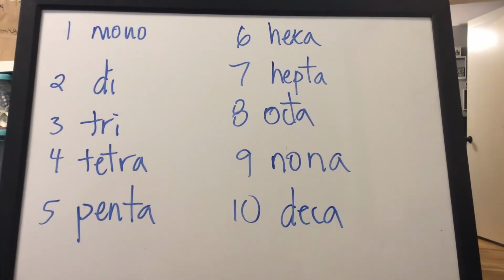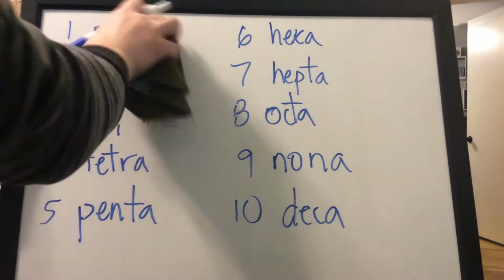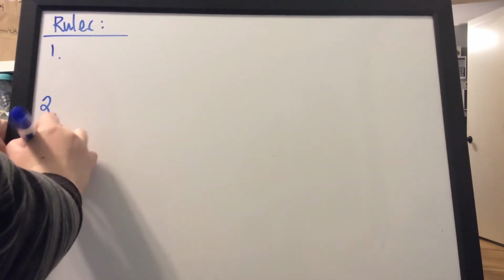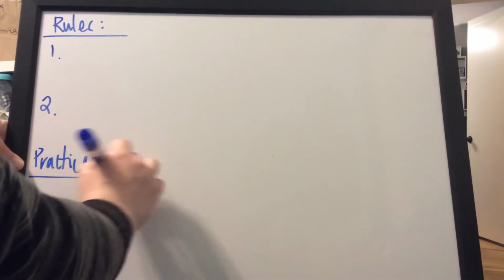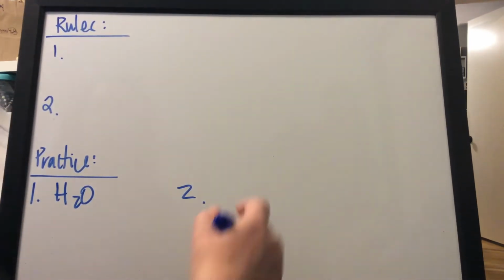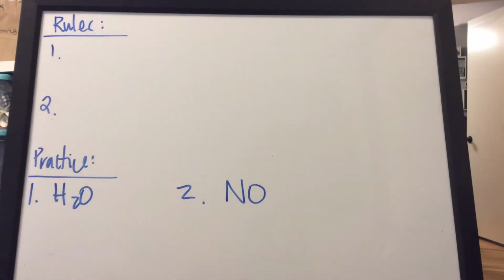Okay, so with covalent naming, we're going to bring these prefixes in when we name covalent compounds. There are only 2 rules for naming, and we'll do a couple practice. If you see underneath, you have practice number 1, H2O, and practice number 2, NO. We'll solve those together, or name those together, while we do our rules.